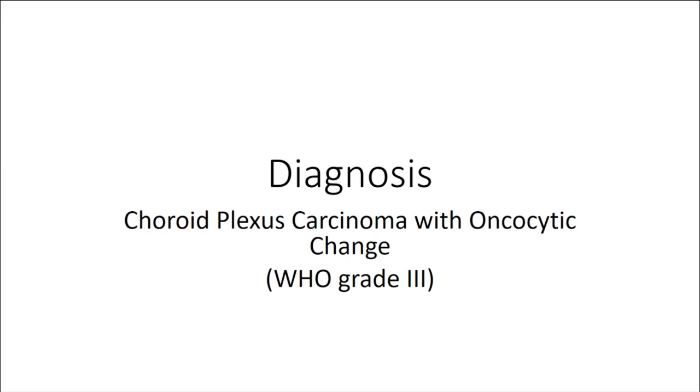The main differential diagnosis in this age group is not really necessarily metastatic carcinoma, but atypical teratoid rhabdoid tumor, particularly in tumors that have a lot of solid areas, because there's a lot of variability to atypical teratoid rhabdoid tumor.